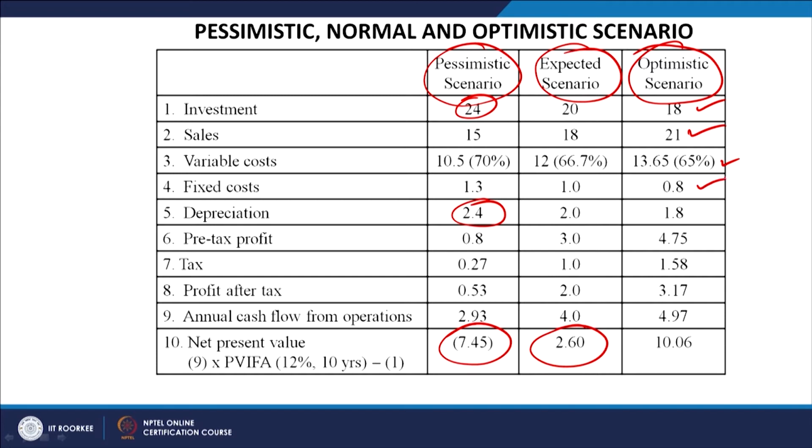Fixed cost we say will be 80% of the most likely scenario, and naturally when the fixed investment comes down, depreciation will also come down. Finally, this means changing largely 4 variables; depreciation is an outcome of the investment.